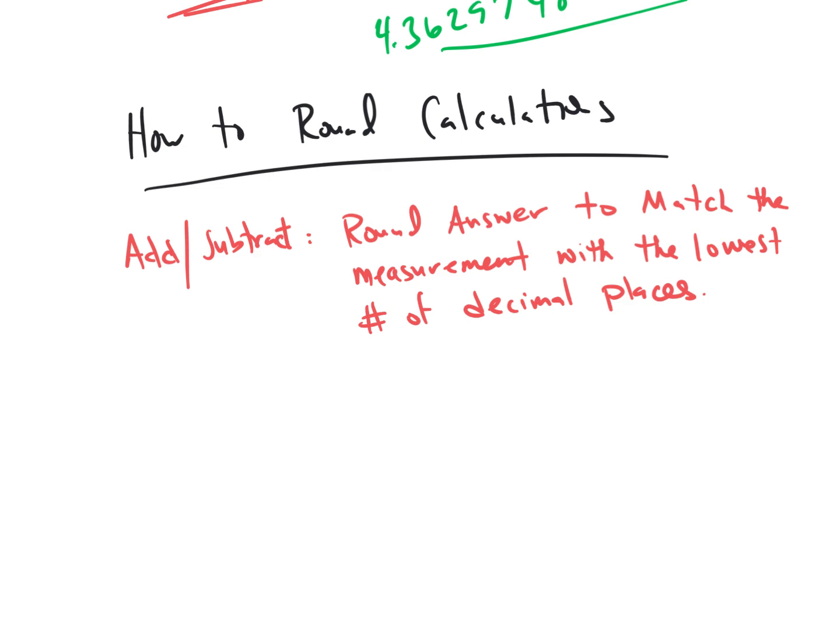Why do I talk about measurements? This is science. That's what we deal with, right? So when we add measurements together, how do we know where to round? Because we always round calculations, right?